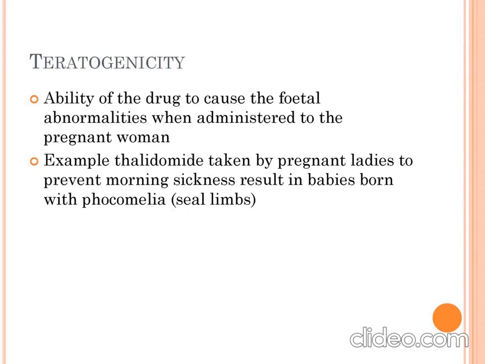Now we will study teratogenicity, the ability of a drug to cause fetal abnormality when administered to a pregnant woman. It is called teratogenicity. Example, thalidomide taken by pregnant ladies to prevent morning sickness resulted in babies born with phocomelia, which is the seal limb.